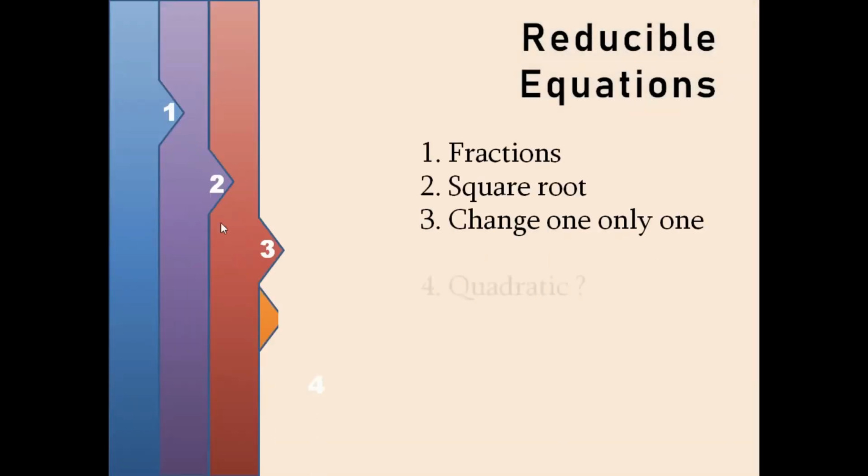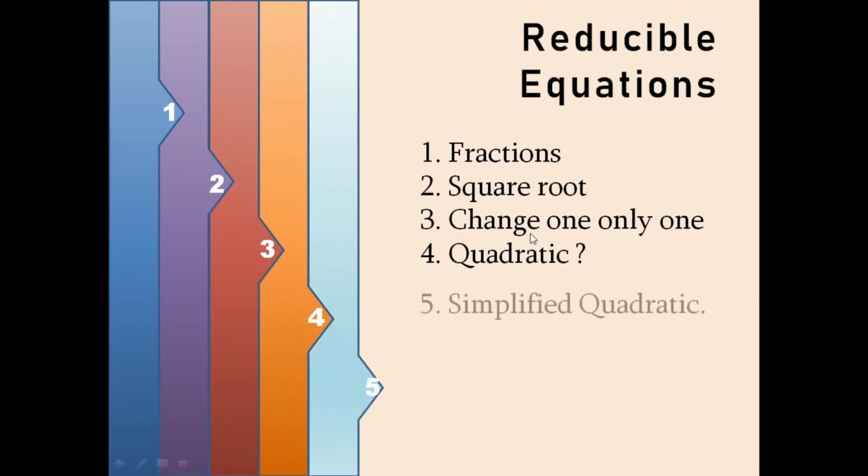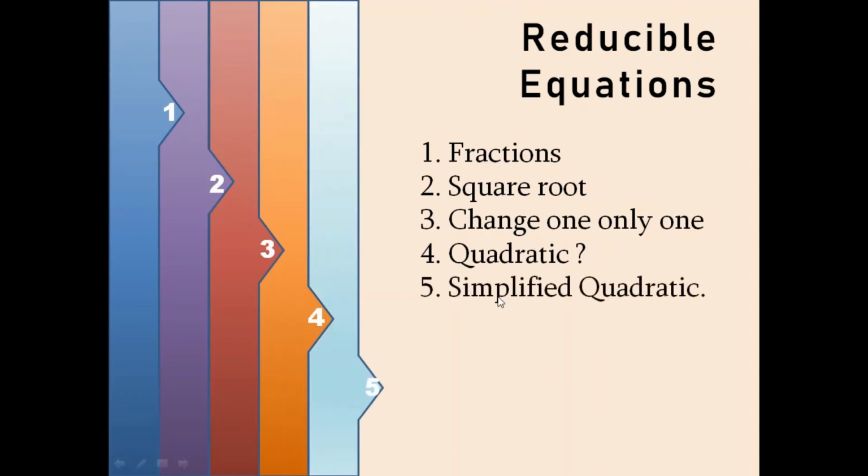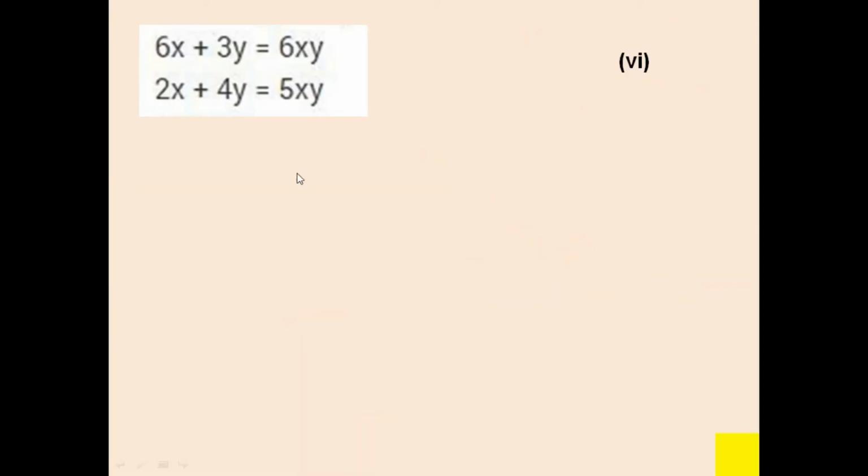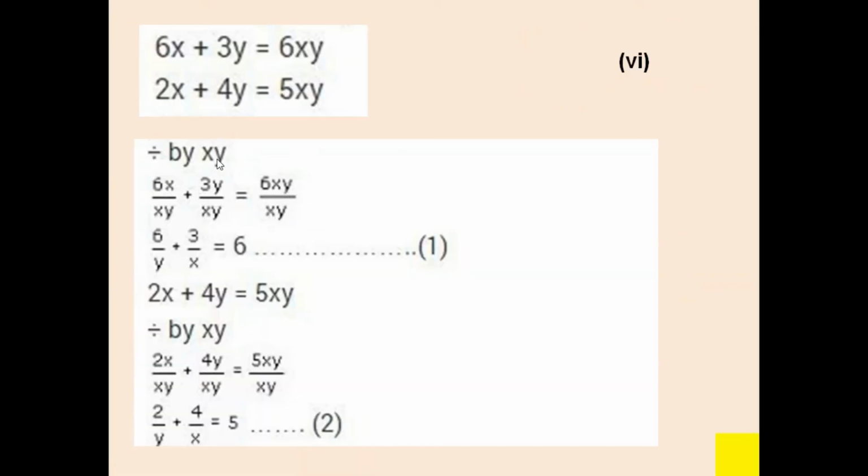So these five things over here are nothing but problems. These are the problems that exist in the given pair of equations. We sort out those problems and then we get to the quadratic equations. When we divide by xy, the x and x cancel here.